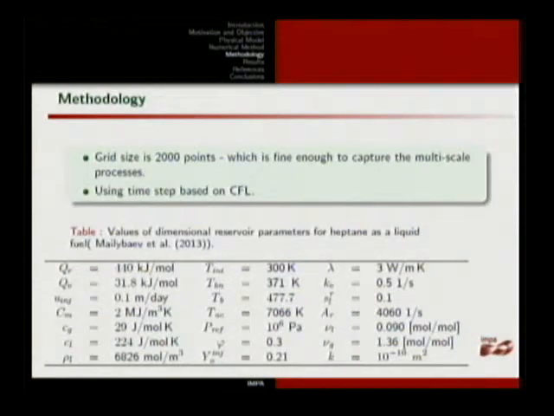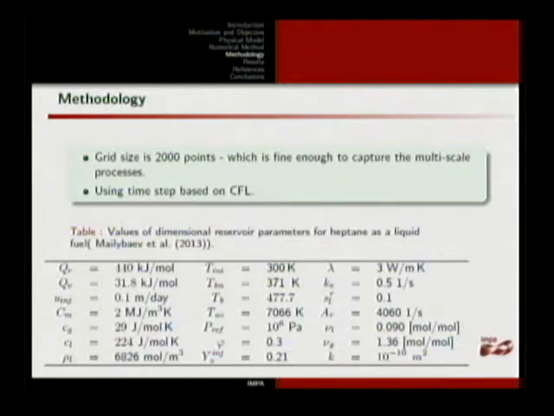Well, for a test case of our code, we use parameters taken from the Alexei paper, 2013. We use a mesh of 2,000 points, which is fine enough to capture the multi-scale behavior, and the time step was calculated based on CFL for the velocity and pressure equation. Then we use subcycling to calculate the time step for the coupled variables.